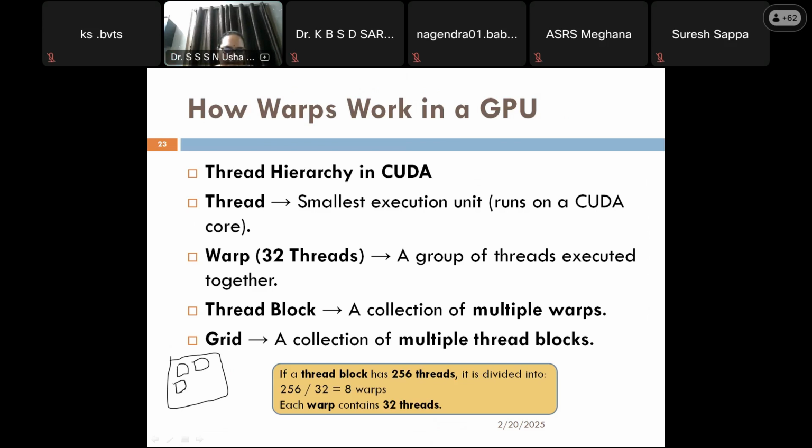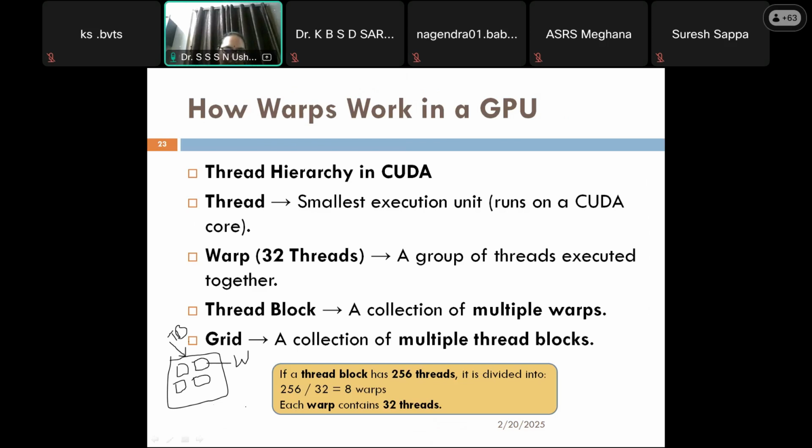Okay, these are warps. So a collection of multiple warps is a thread block.